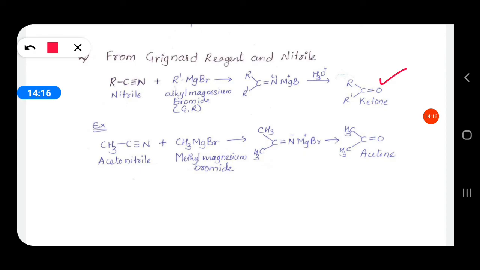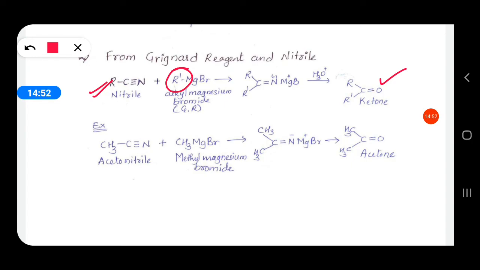Again, depending upon whether we want symmetrical or asymmetrical ketones, the alkyl group in the Grignard reagent is chosen. If symmetrical ketones are required, the alkyl group in the Grignard reagent is the same as that present in the nitrile. If you require asymmetrical ketones, then the alkyl group is different from the alkyl group present in the nitrile.